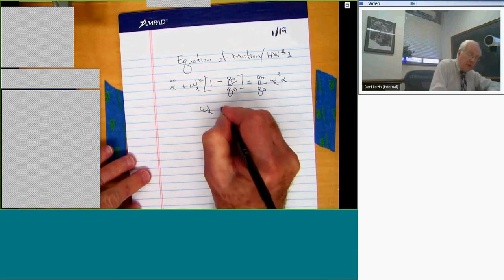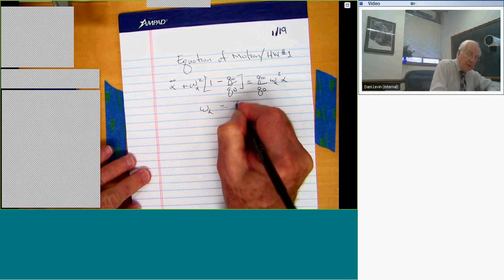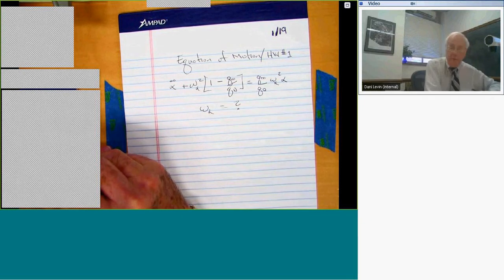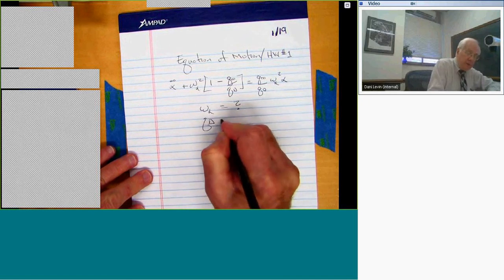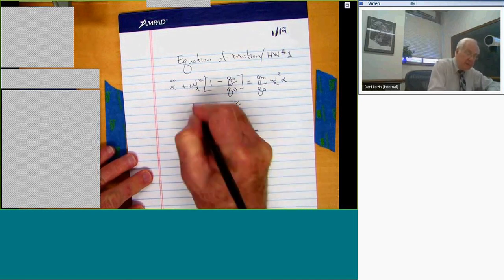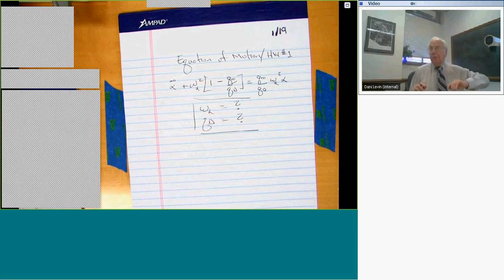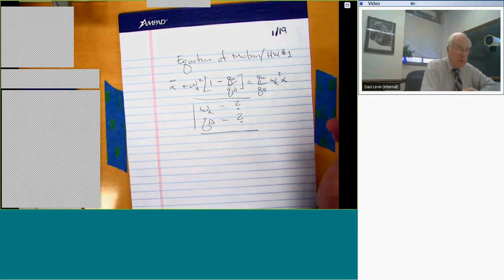Now, what I've not told you, but you're going to find out, you're going to determine what omega_alpha is, and you're also going to determine what Q divergence is. I'll let you do that part.